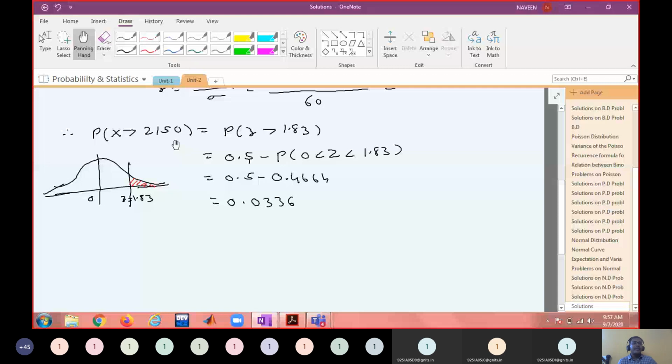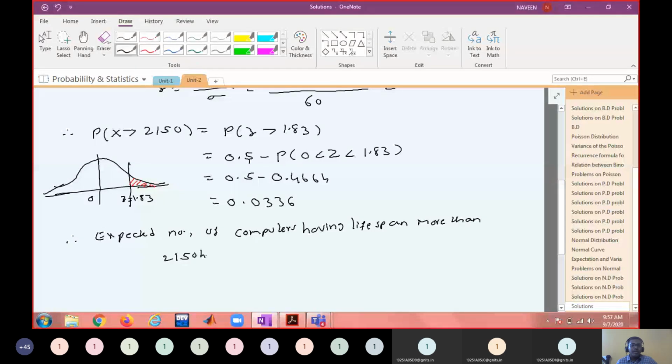So we are asked to find the expected number. The expected number of computers having a lifespan of more than 2150 hours is equal to this probability, that is, the probability that x is greater than 2150, times the total frequency.